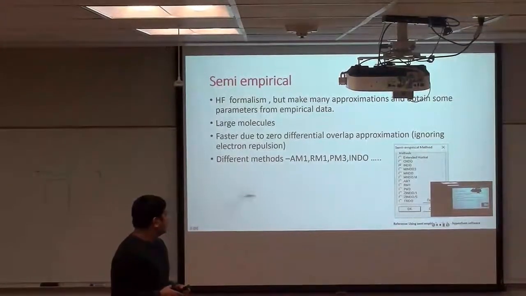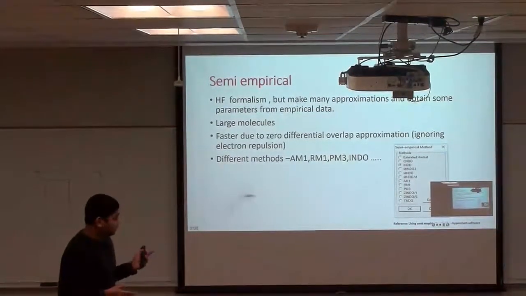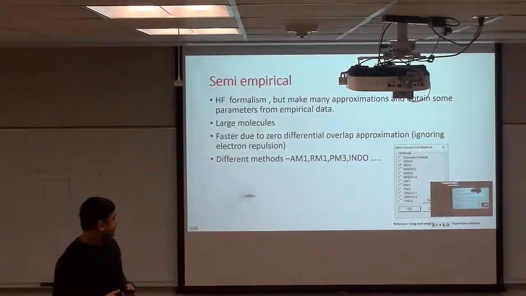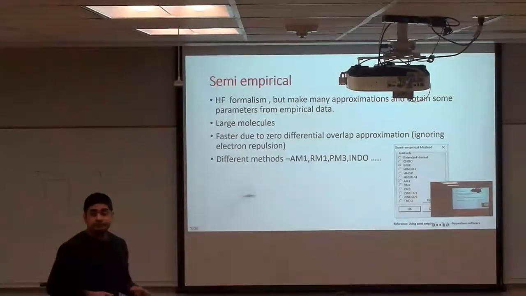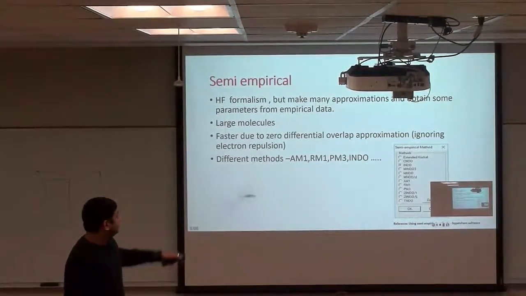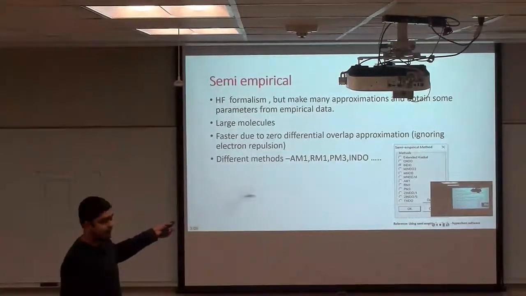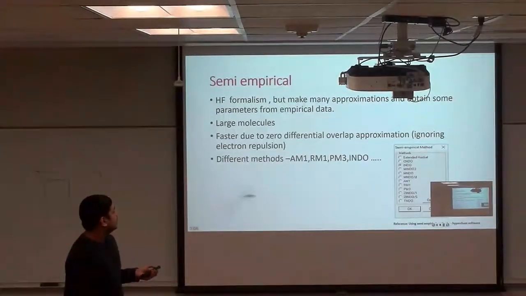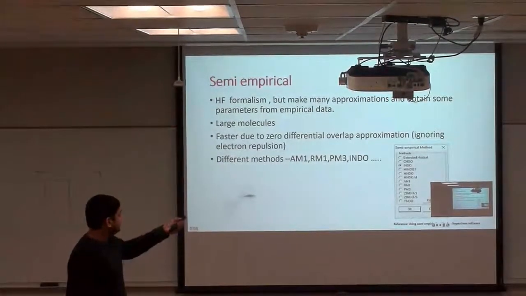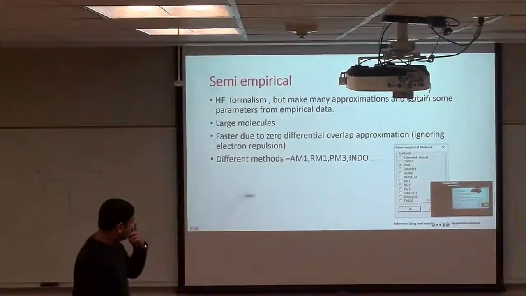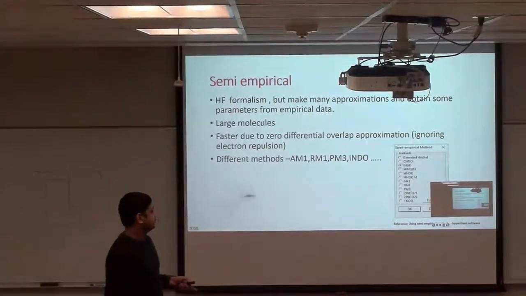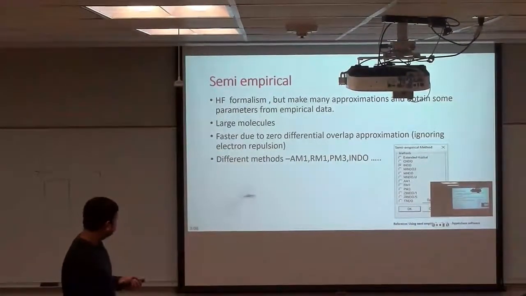And due to ignoring the electron repulsion, the calculation is a bit faster here. And different subdivisions of this semi-empirical are AM1, RM1, PM1 methods. This again I have taken with the reference from the HyperChem software.